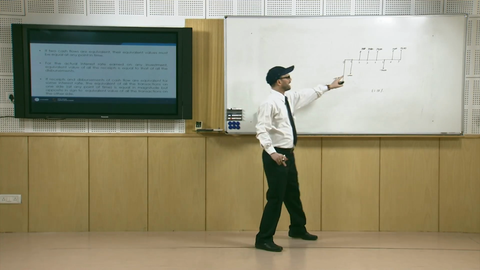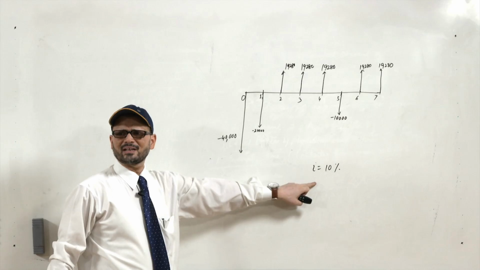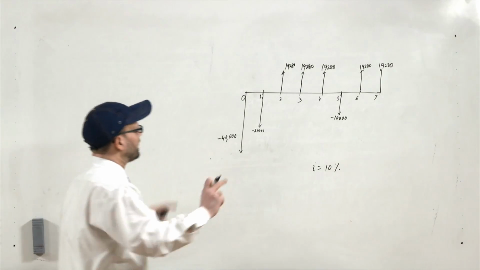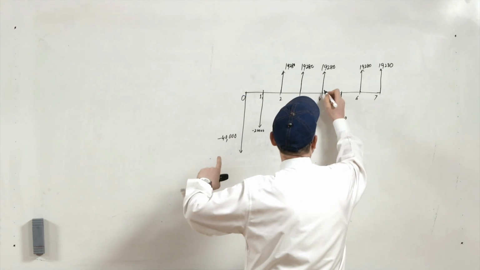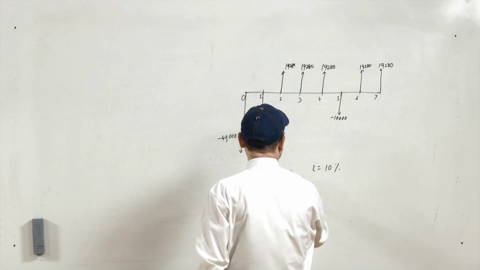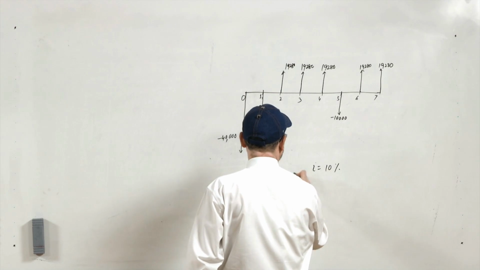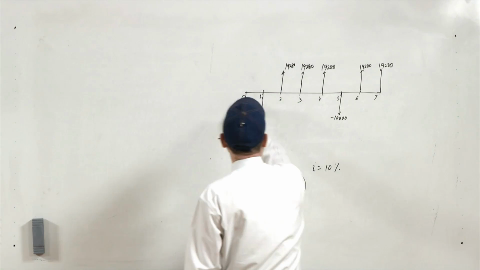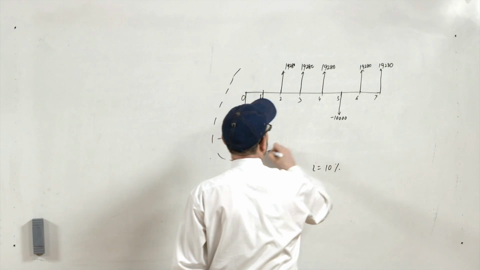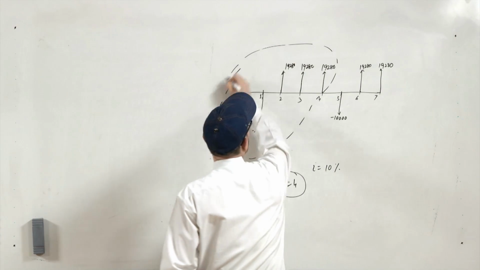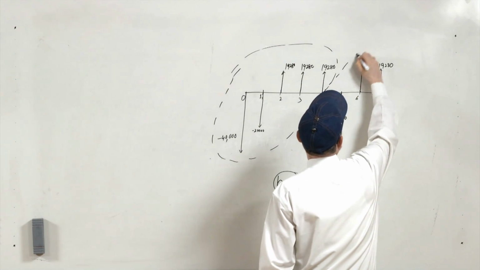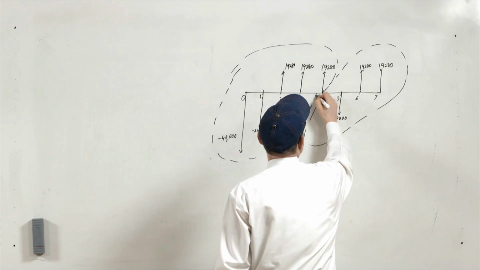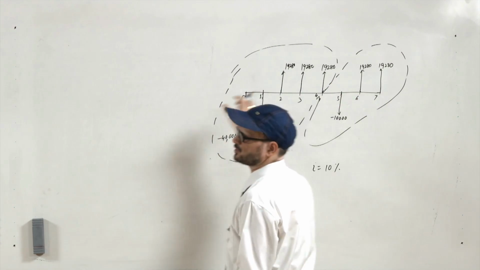By looking at this diagram, since we have achieved the interest rate as 10%, this principle tells that if you fix any point, suppose you fix n equal to 4, then the equivalent value at n equal to 4 should be equal using both these sections.